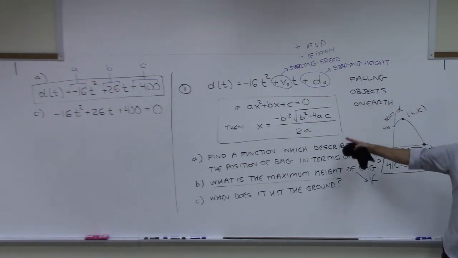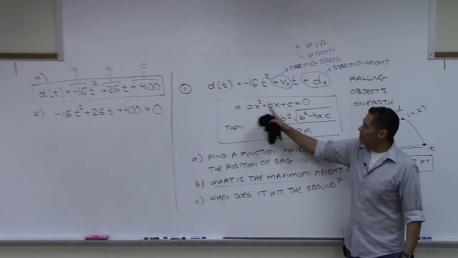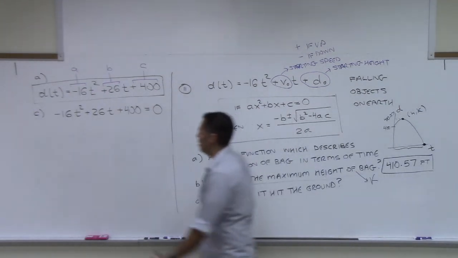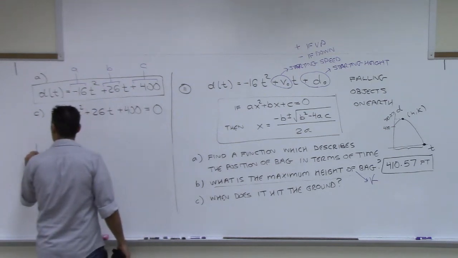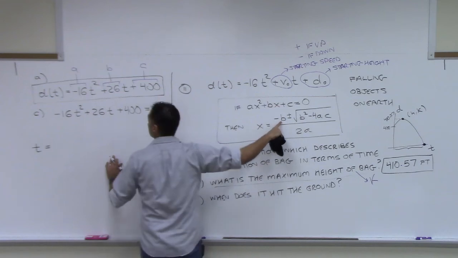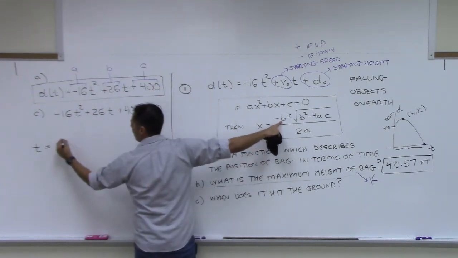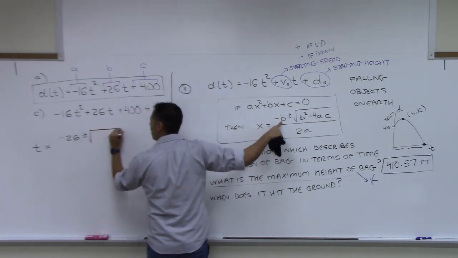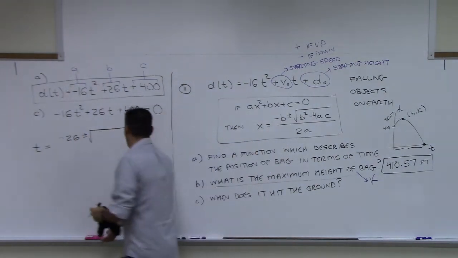So we're going to use that same formula, but instead of having x's, we have t's, right? So I'm going to say here, from the quadratic formula, t must be equal to, first thing here, negative b. So b is 26, so negative 26 plus or minus the square root of, okay, we need to square b, right?